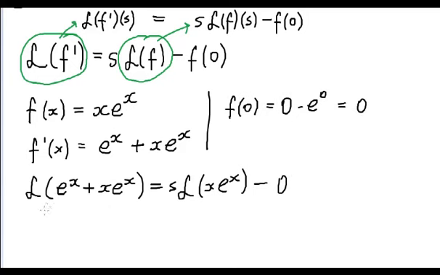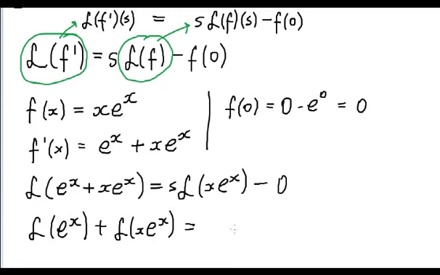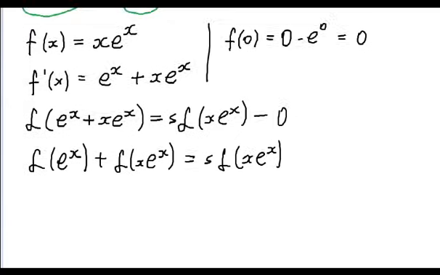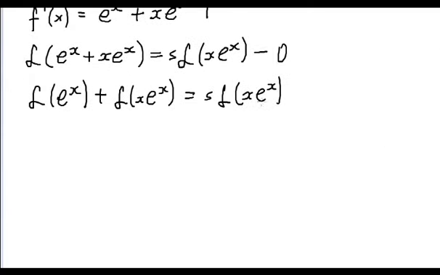Now, what we're going to do is make use of linearity of the Laplace transform. So then we'll have L of e to the x plus L of x e to the x equals s times L of x e to the x. We now recognize that the left-hand side has a term which is the same term that occurs on the right-hand side.